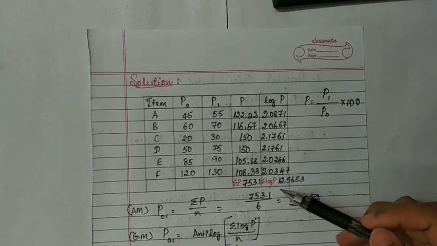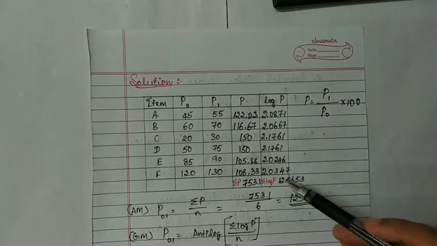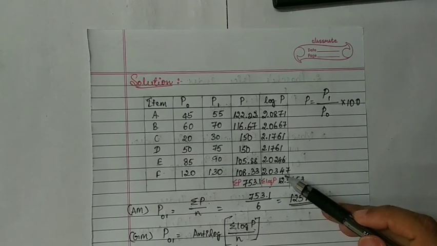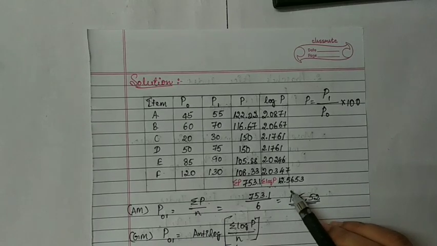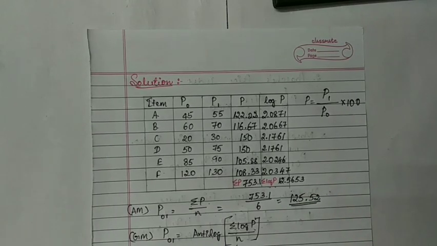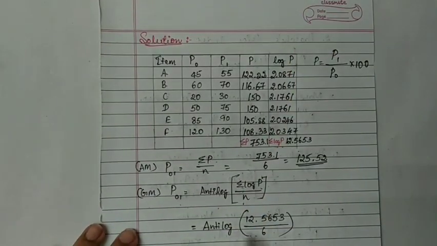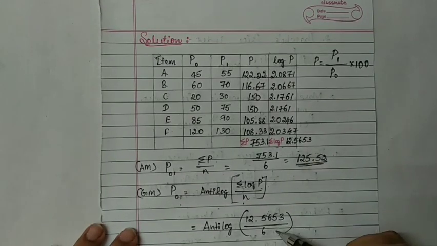So the same way we found log P for all the items, and the total of log P, that is summation log P, is equal to 12.5653. And now here is the solution. Antilog of 12.5653 divided by n, which is 6.